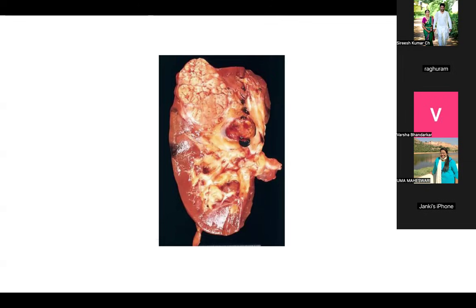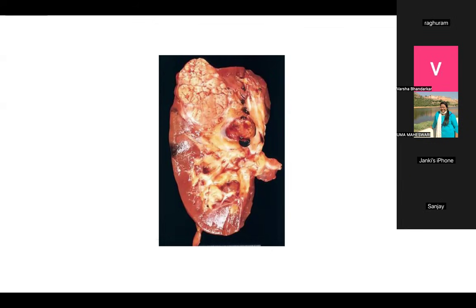You should be very specific when you answer this. So IMDC criteria: less than 1 year from time of diagnosis to systemic therapy, KPS score less than 80, hemoglobin less than lower limit, calcium greater than upper limit, neutrophil count greater than upper limit, and platelet count greater than upper limit.